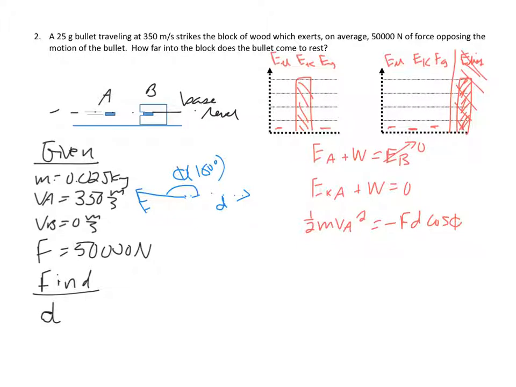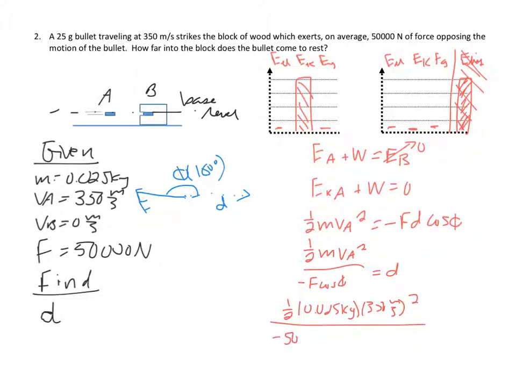Isolating to solve for D, we get 1/2 m VA squared over negative F cosine phi equals D. 1/2 of 0.025 kilograms times 350 meters per second squared over negative 50,000 newtons times the cosine of 180 degrees equals D.